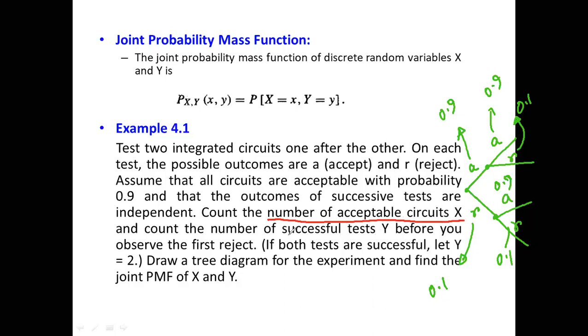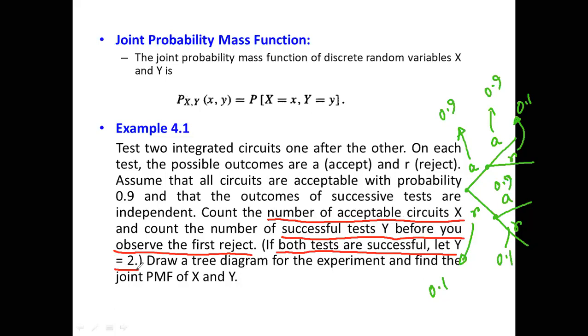So Y is the successful tests before you observe the first reject. Now they have told that actually we are doing only two tests. So if both are successful, then what will be the value of Y? Because we haven't seen any reject yet. So they are telling if both the tests are successful, then let the value of Y equal 2.